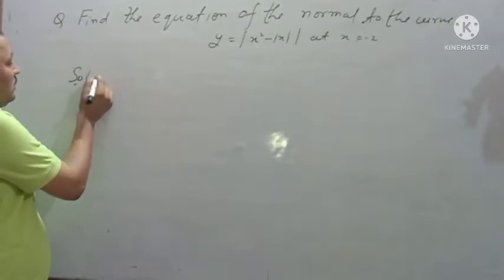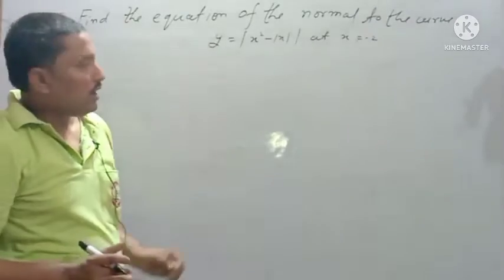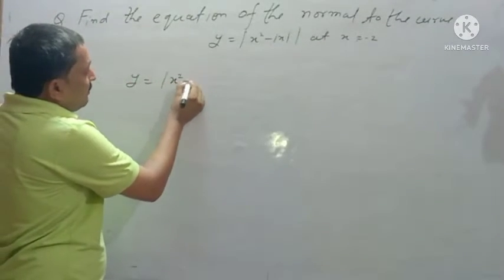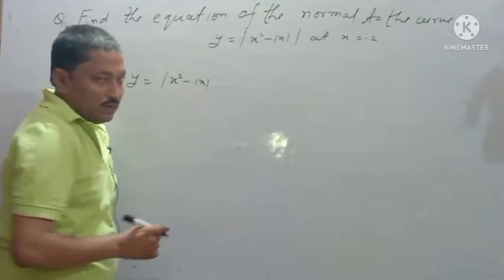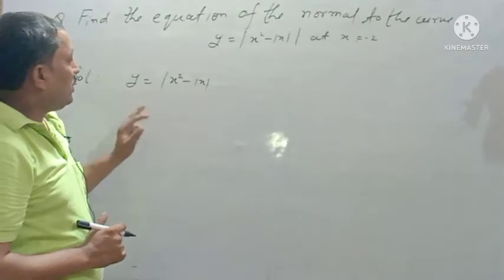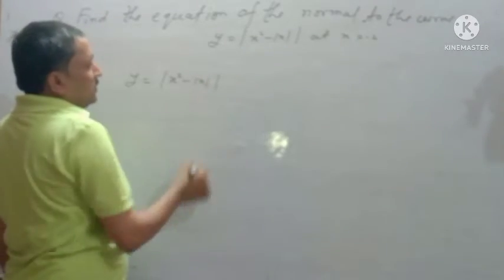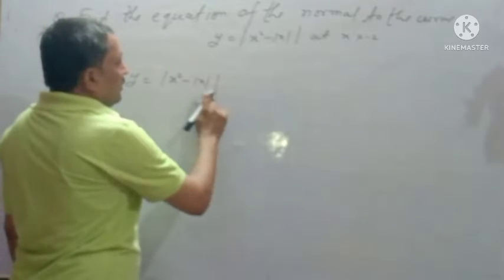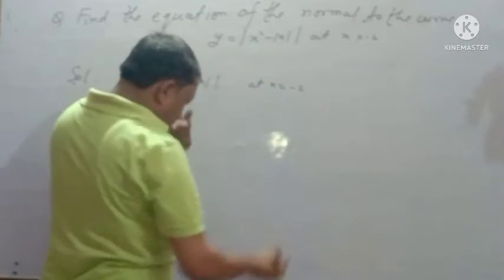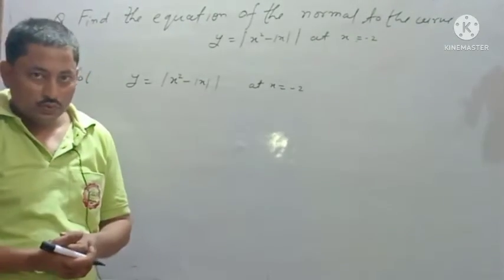So we have been given the curve y equal to x square minus mod of x, and the point at x equal to minus 2. We want to find the equation of the normal at the point x equal to minus 2.